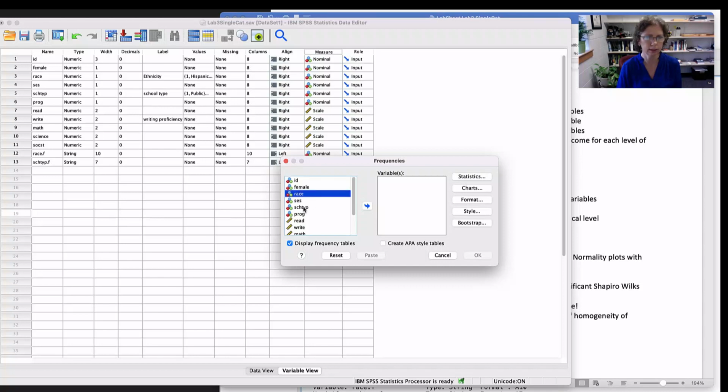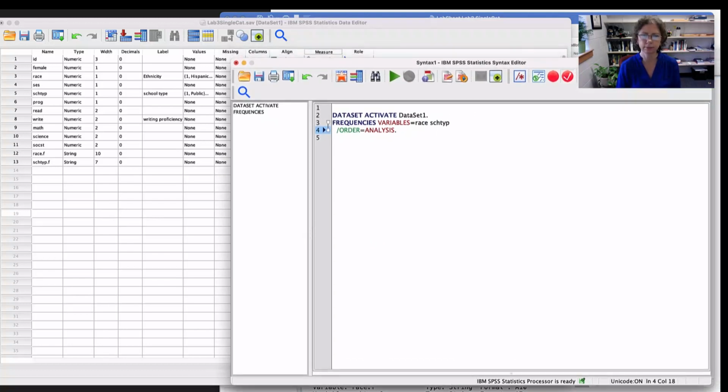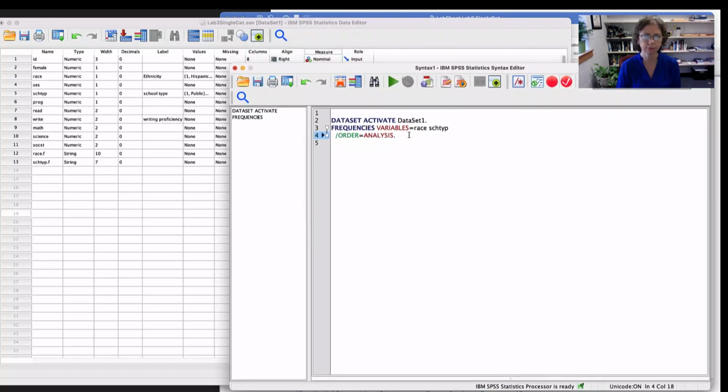And they are race and school type that I'm interested in. I'm pretty much ignoring the ones that we made in RStudio. So I'm going to paste to get my syntax started up. And it already has my frequencies there.